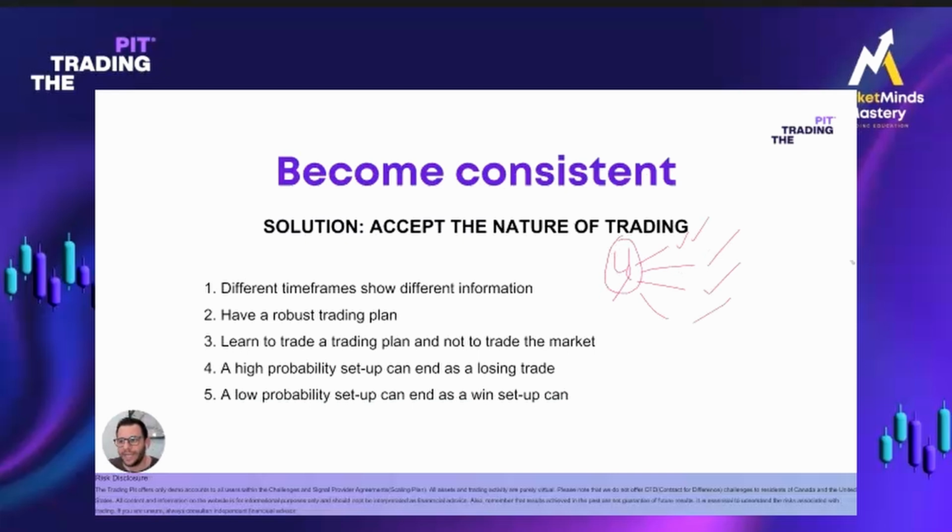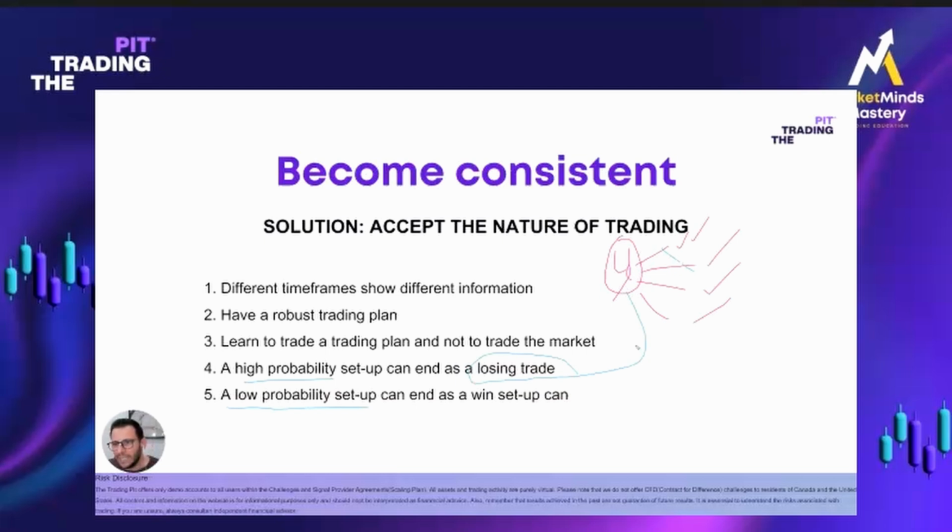But in trading, ladies and gentlemen, you have to accept the fact that a high probability setup can also end up as a losing trade. And a low probability setup, where some of the parameters don't match to take the trade, after some time we go back and observe the chart, and it was a trade that gave a winning outcome.